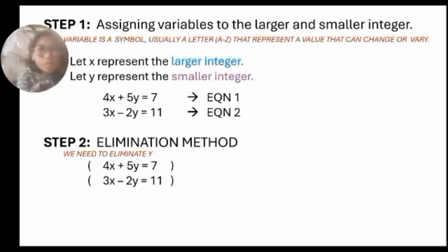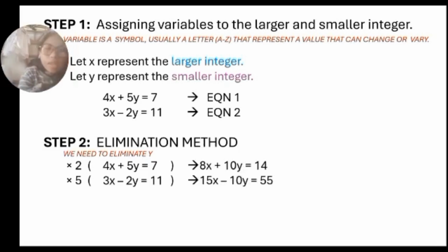So atong i-times ani nila kay 2 and 5. So ang makuha nato ani kay kani si 8. So as you notice na si y kay pwede na ma-cancel out or ma-eliminate. Right? Pwede na siya ma-eliminate.